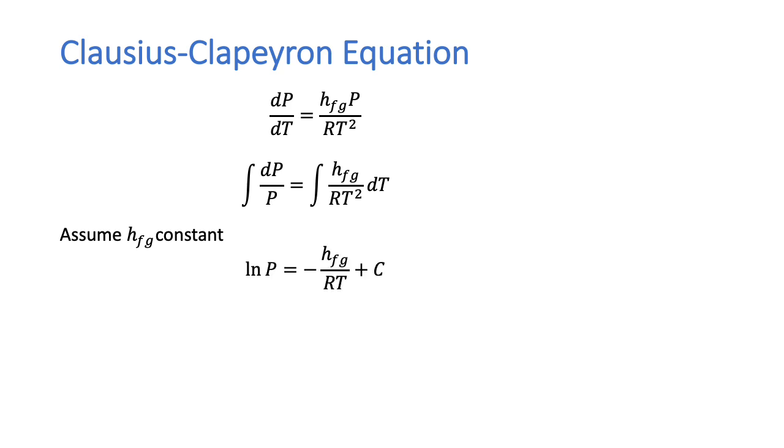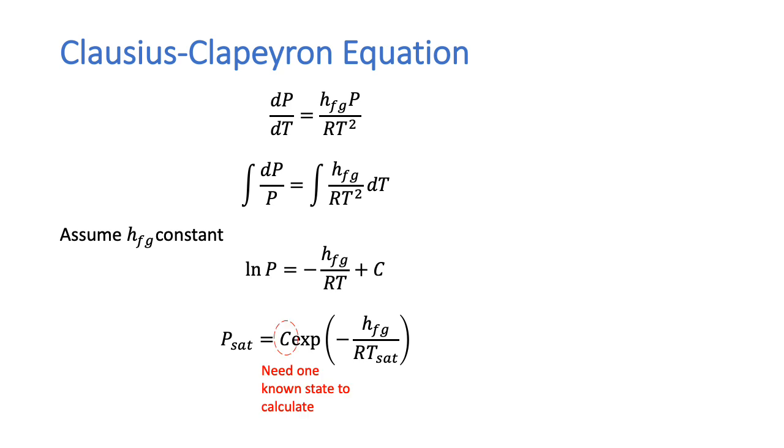In that case, ln of P is equal to minus Hfg upon RT plus C, which is a constant of integration. We can rearrange this equation to say that Psat is equal to C exponent of minus Hfg upon R Tsat. This is now the relationship between the saturation pressure and the saturation temperature.